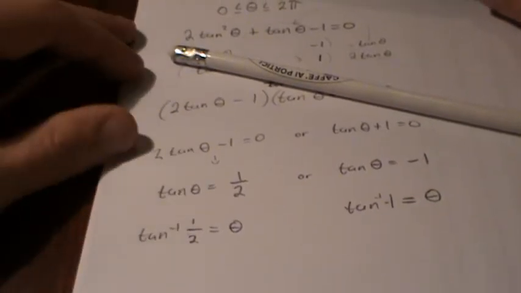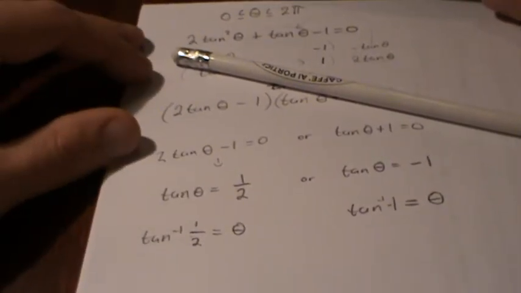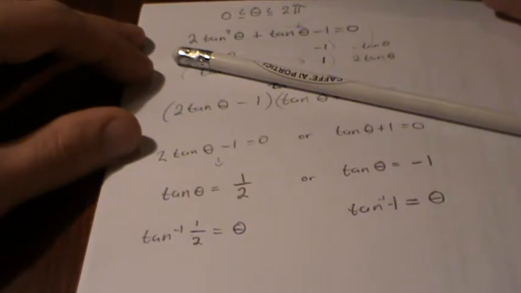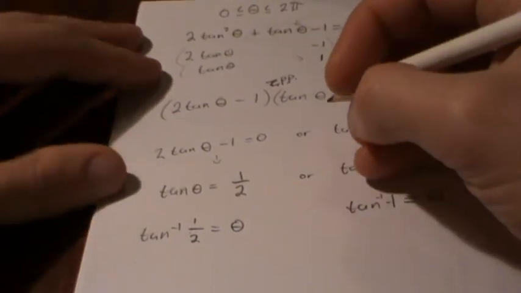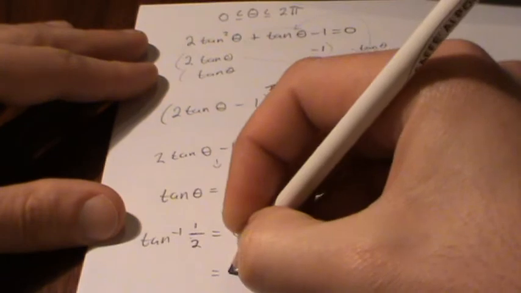So I'm going to do tangent inverse of 0.5. Oops, I didn't do inverse. Tangent inverse of 0.5. It's 26.6 degrees.